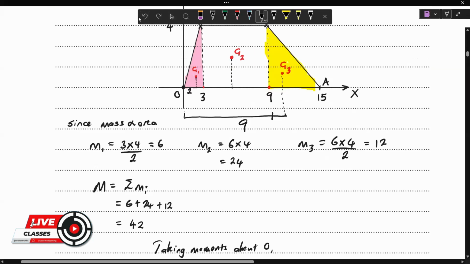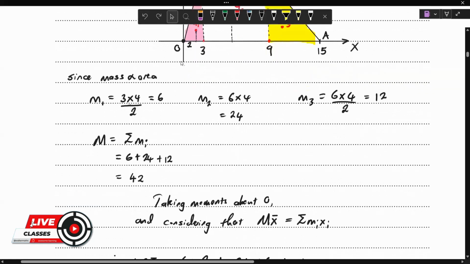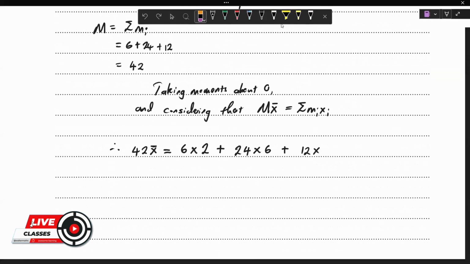So it's essentially a third of 6, because from 9 to 15, it's 6. A third of 6 is 2. So this extra distance is 2. So 9 plus 2 is 11. So we're going to make use of 11. That's the horizontal distance of G3 from O. It's 11 units. So 12 times 11.